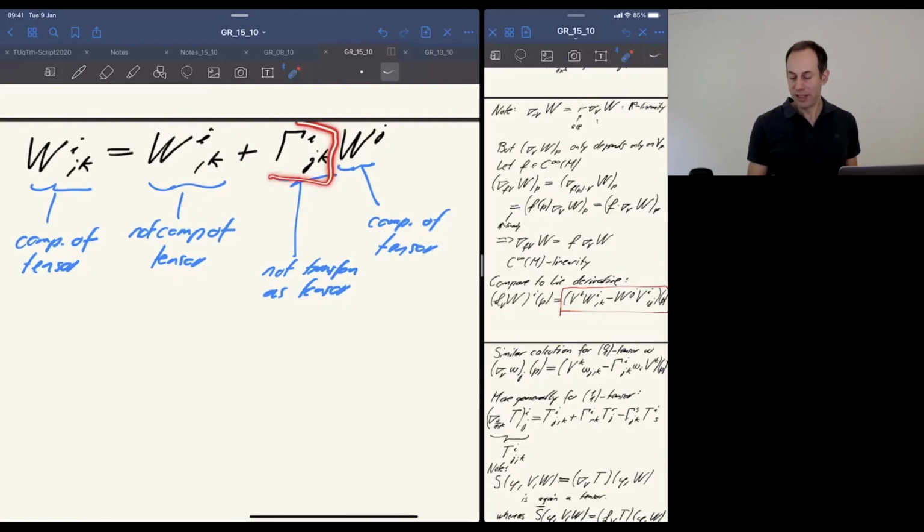It's, however, a bit of a pity that these gamma symbols are not tensors. Maybe I should first remind you that when I explained how we get these gamma symbols, we really did a physics experiment. I always talk about this gyroscope, and maybe I should at this point also briefly explain one thing I mentioned about the gyroscope.